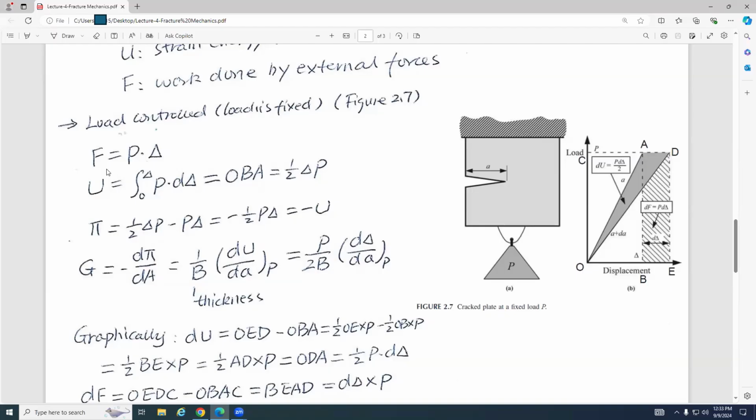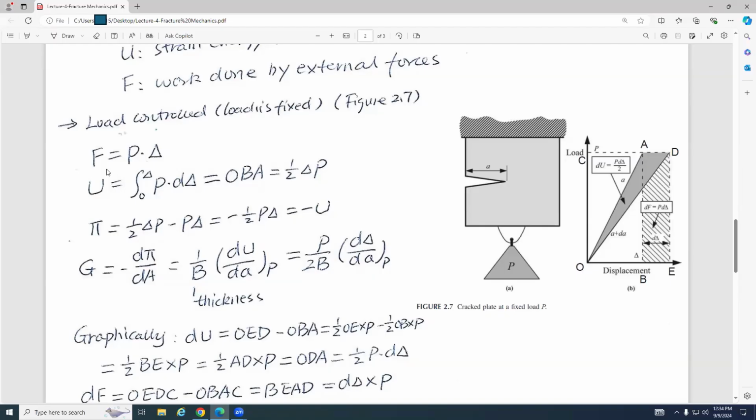One more time. So when you stretch something, the strain energy equals the load you apply multiplied by the deflection you have, within that infinitesimal d delta. All right?